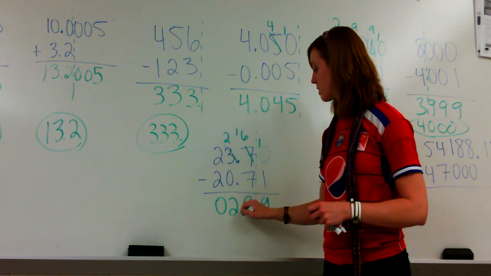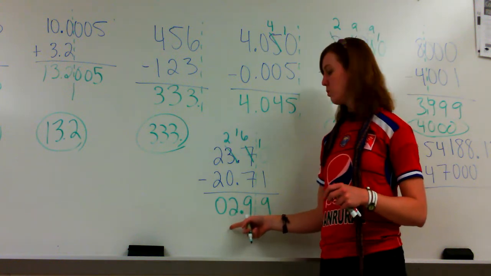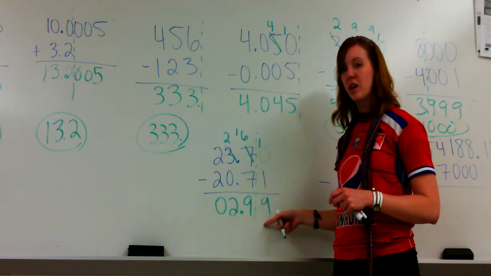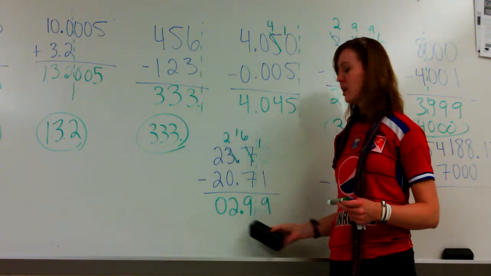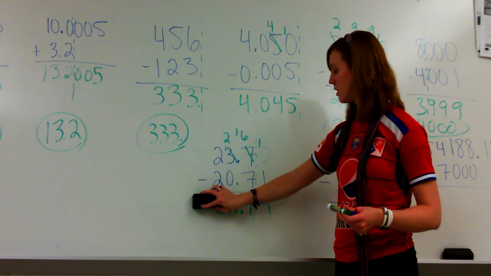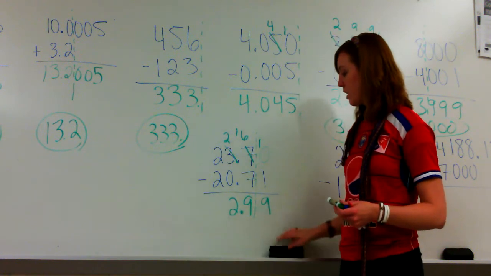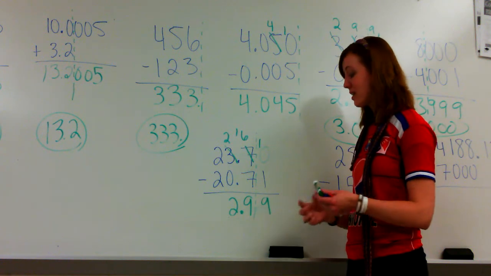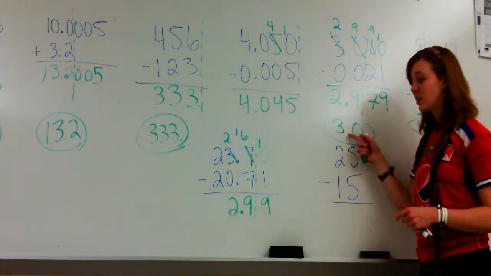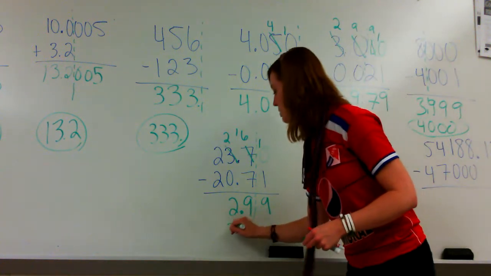Then I'll bring down my decimal point. So it's like 0.99. Now I know that's 0 because zeros in the beginning of a number like that don't mean anything. They're not significant. And I've got an extra digit here. Again, 2.9, just like it did here, we'll round up to 3.0.